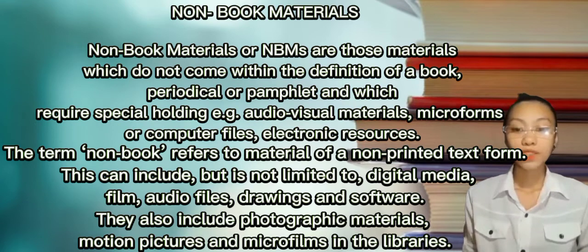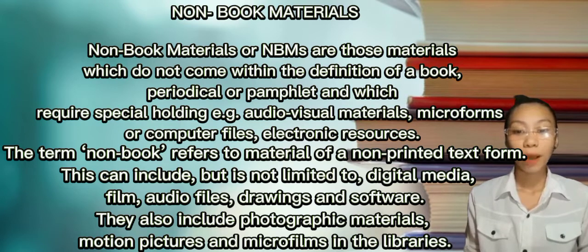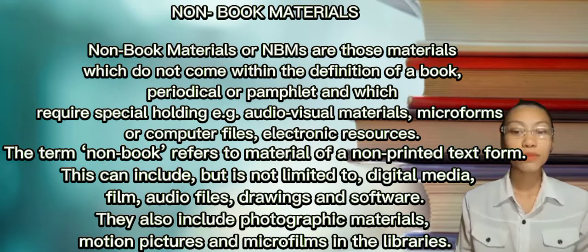Non-book materials or NBMs are those materials which do not come within the definition of a book, periodical or pamphlet, and which require special holding, etc., audiovisual materials, microforms or computer files, electronic resources. The term non-book refers to materials of a non-printed text form.